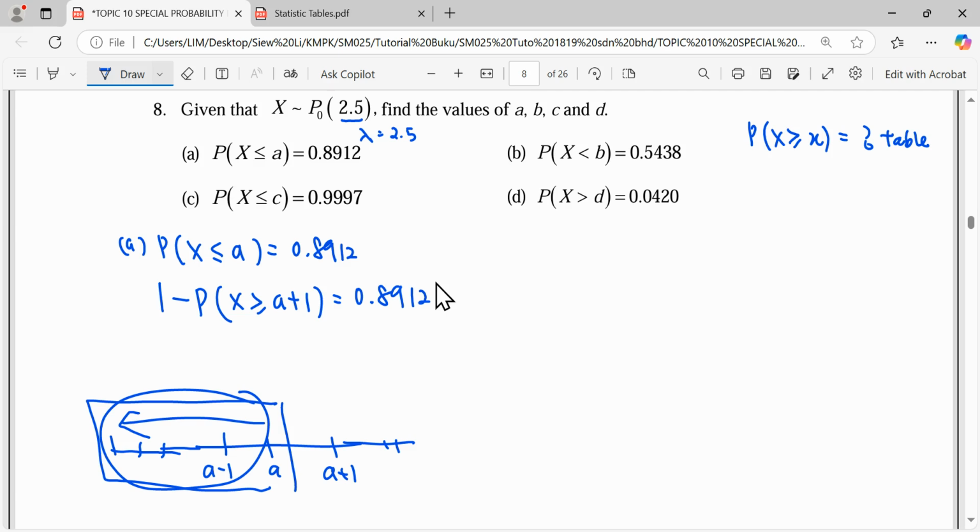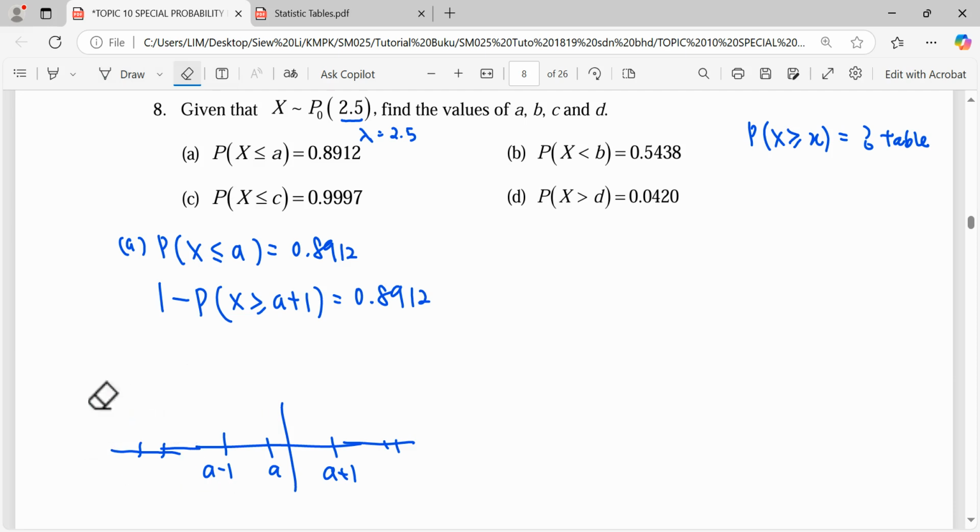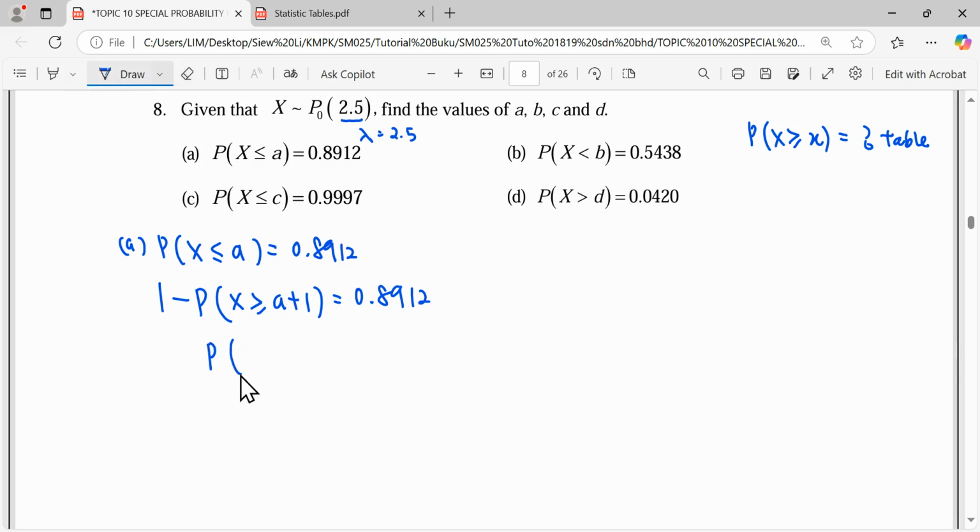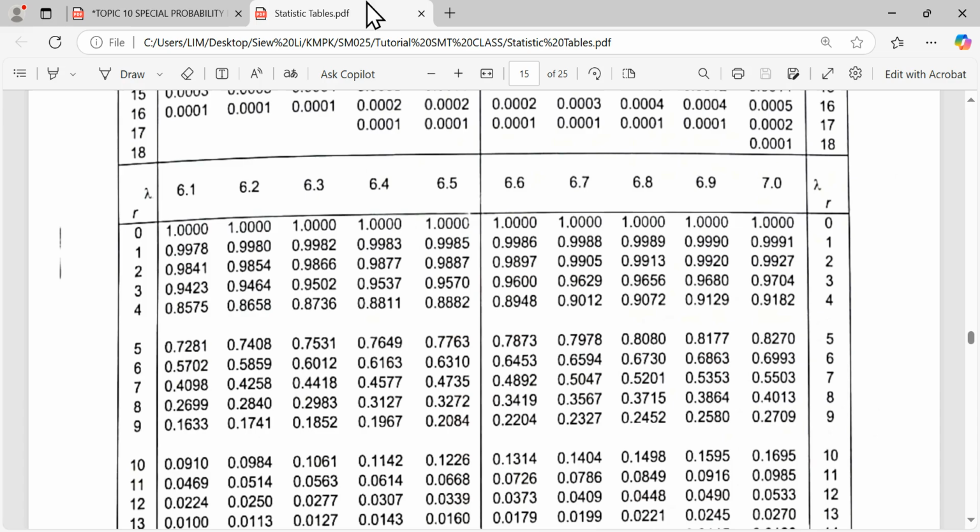This is how we define it in the table. Then we simplify. Moving it to the right-hand side, you get negative, divide by negative, and you get 0.1088.